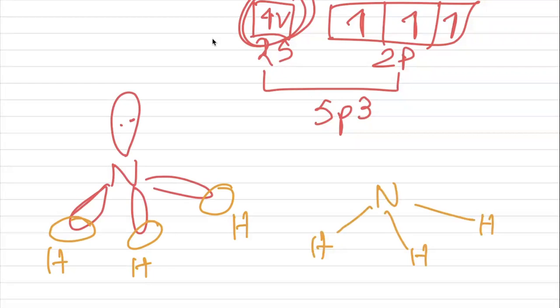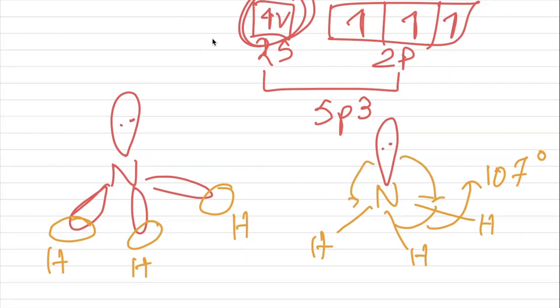And this bond angle becomes 107 degrees, because you know that according to VSEPR theory, the bond pair and lone pair repulsion is more than the bond pair and bond pair repulsion.